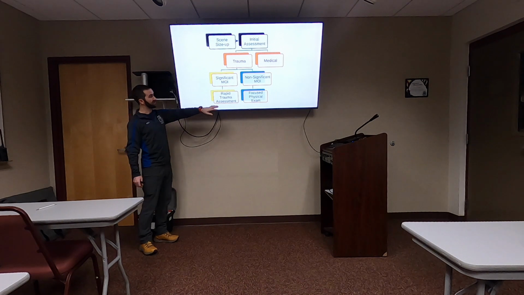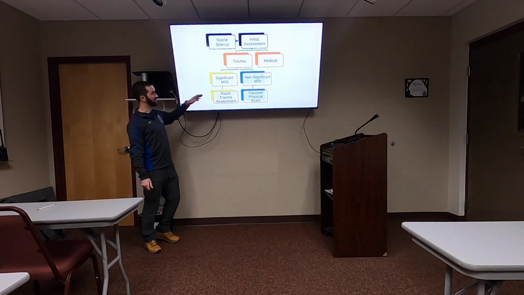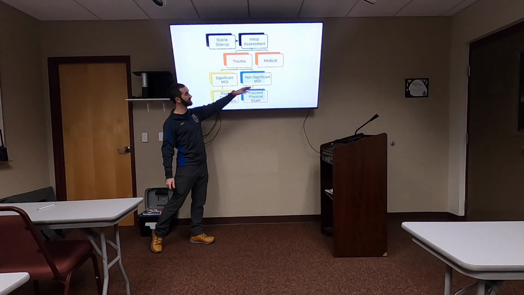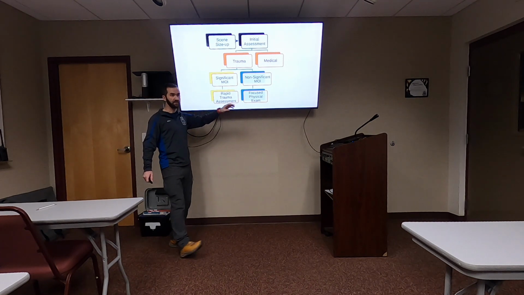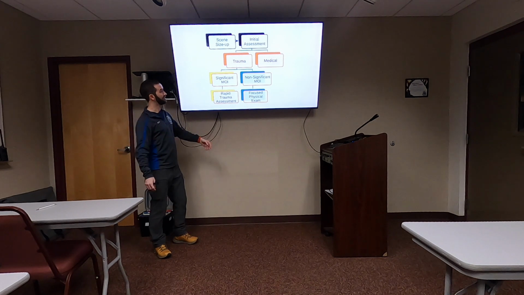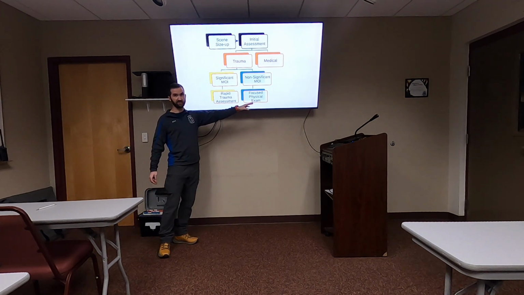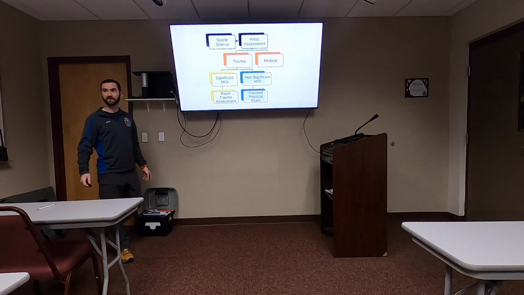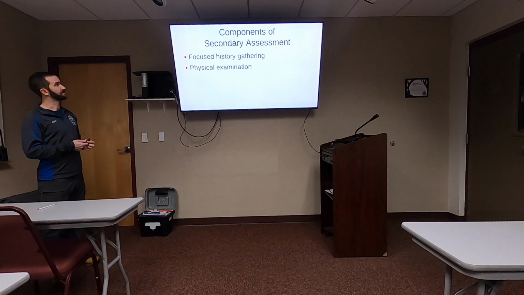And so we do kind of an overview assessment of the whole body, which is called the rapid trauma assessment. On the other side, if there's not a significant mechanism of injury, so if somebody just twisted their ankle or has some other kind of non-major trauma thing involved, then we can more or less just focus on whatever the injured part is. Okay. I'll go through this in more detail here.